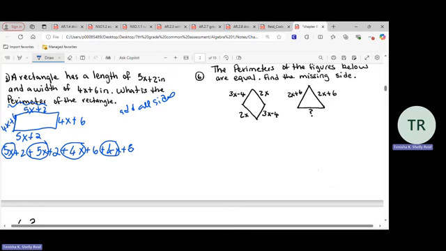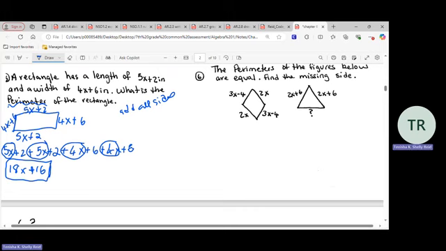Go ahead and pause and try it out on your own now that I have the setup. All right, so you should have gotten 18x plus 16 as your perimeter. It's just you adding up all the sides.